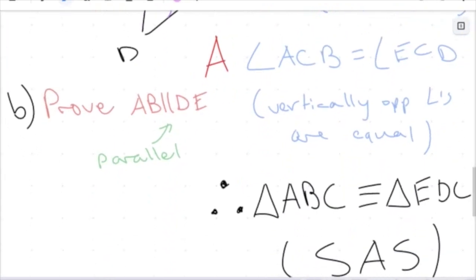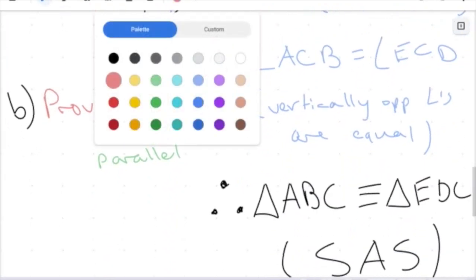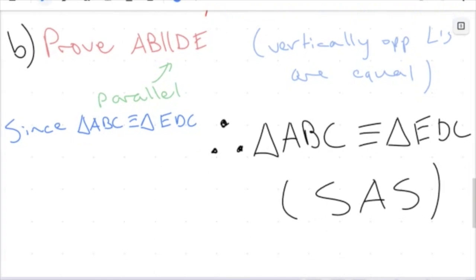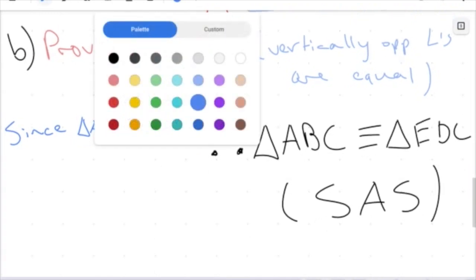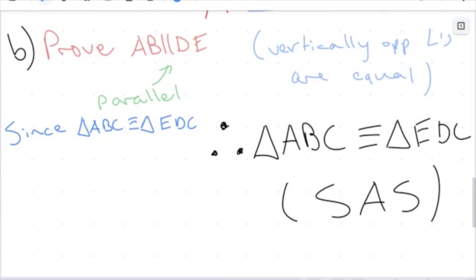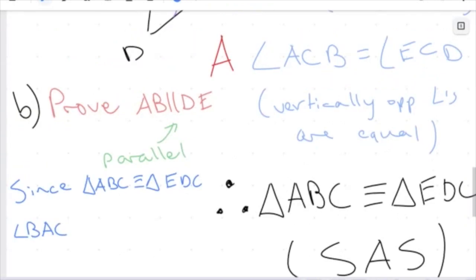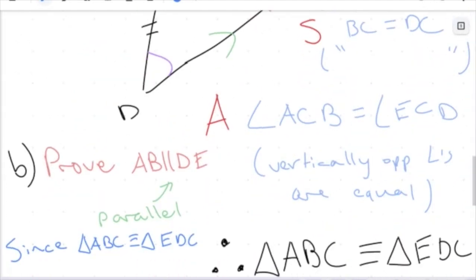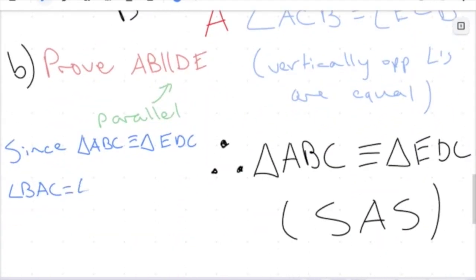So we can say from what we learned, since ABC is congruent to EDC, since these are congruent, then angle BAC, so for example this angle here, BAC, is equal to DEC.